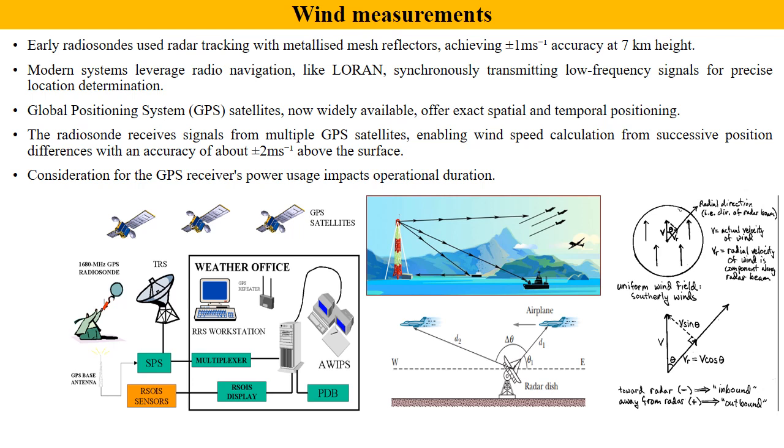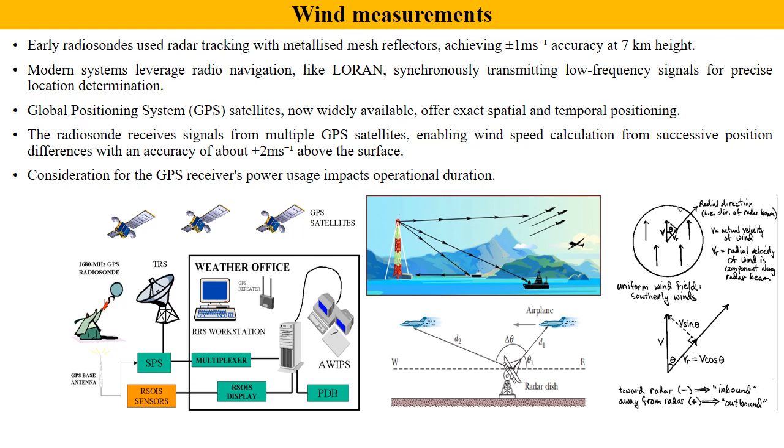The modern system leverages radio navigation like LORAN, that is long range navigation, synchronously transmitting low frequency signals for precise location determination. Whereas GPS, global positioning system satellites, are now widely available and offer exact spatial and temporal positioning, so we don't need to do that.